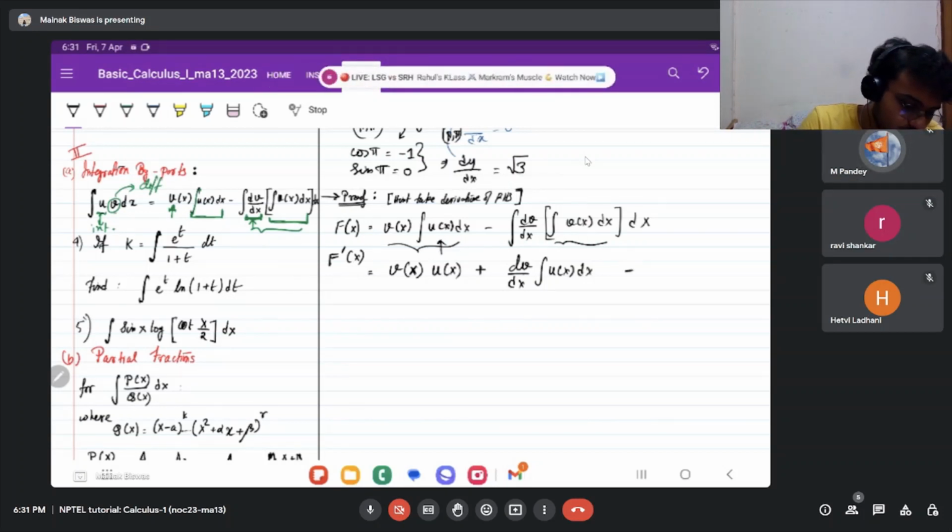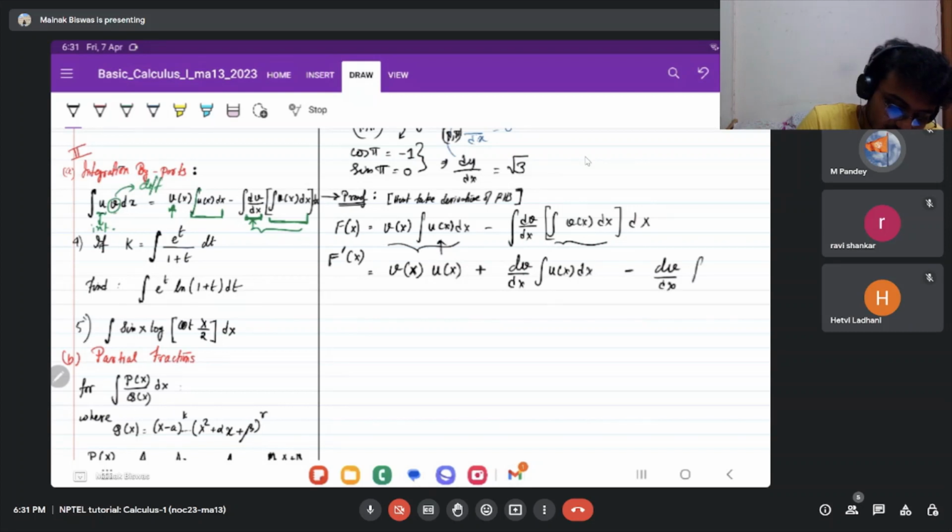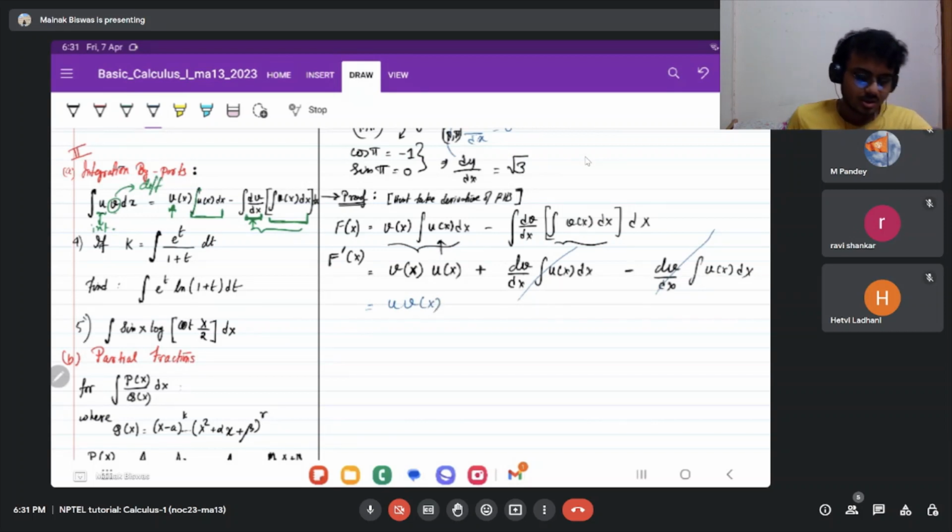If you take the derivative of the second function, what are you left with? dv/dx times the integral of u(x). So these two are the same, and you are left with u times v. So this is the f dash function, and we see that our choice of the antiderivative is correct. This is what I wanted to prove.